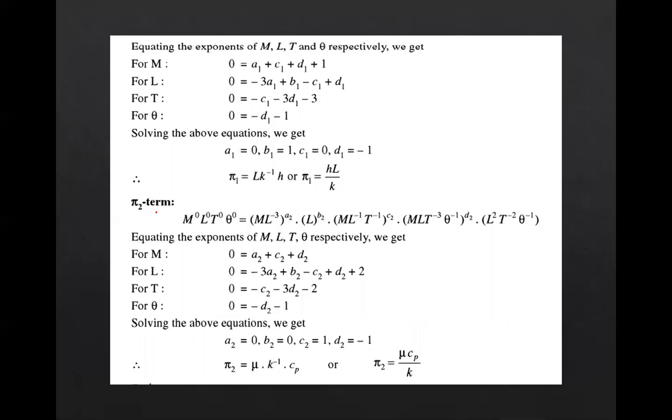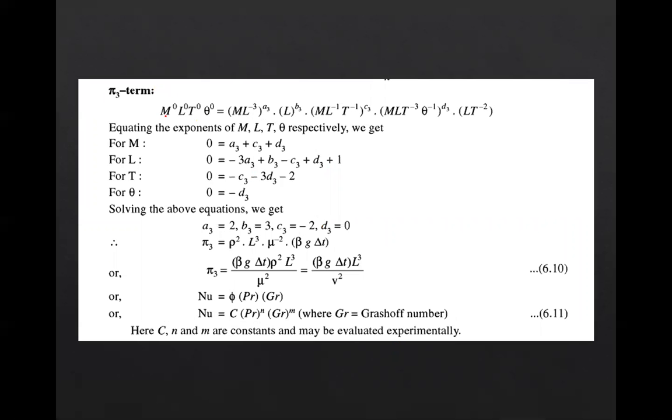Similarly, for pi 2, equating the powers of the different quantities, we get a2 equal to 0, b2 equal to 0, c2 equal to 1, and d2 equal to minus 1. This means pi 2 is mu into k raised to power minus 1 into Cp, or pi 2 is equal to mu Cp upon k.